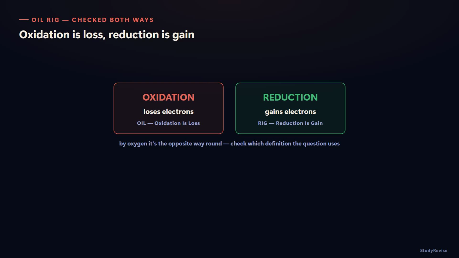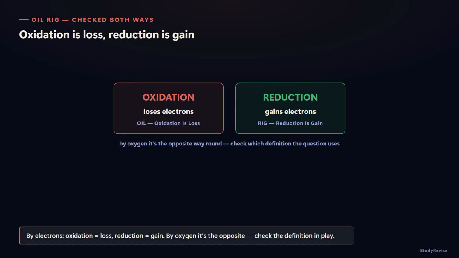The swap happens constantly in both directions, calling a loss of oxygen oxidation, or calling a gain of electrons oxidation instead of reduction. Whichever definition a question is using, electrons or oxygen, check which direction is actually going before writing either word down.